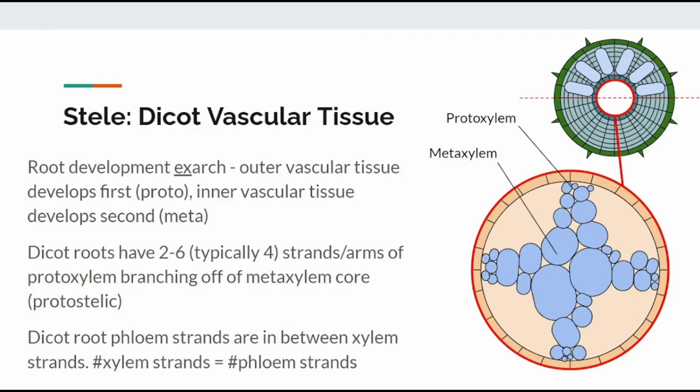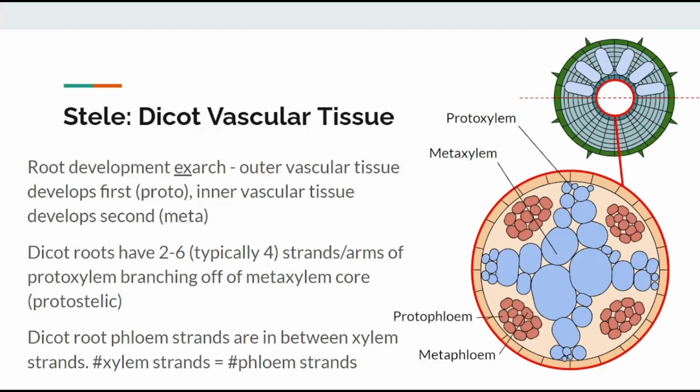The stele can be classified based on how many arms of protoxylem it has: 2 for diarch, 3 for triarch, 4 for tetrarch, and so on. A root is referred to as protostelic if the xylem forms a solid core with arms or lobes, which is typically the case in dicots.